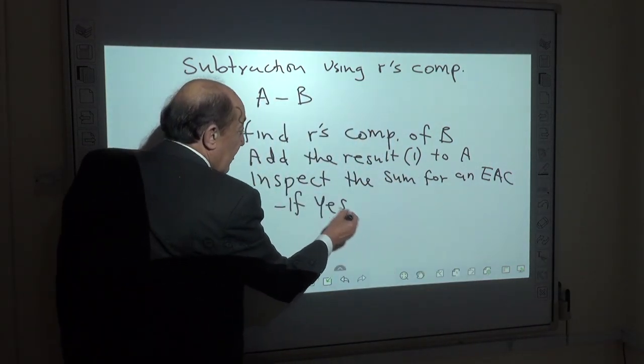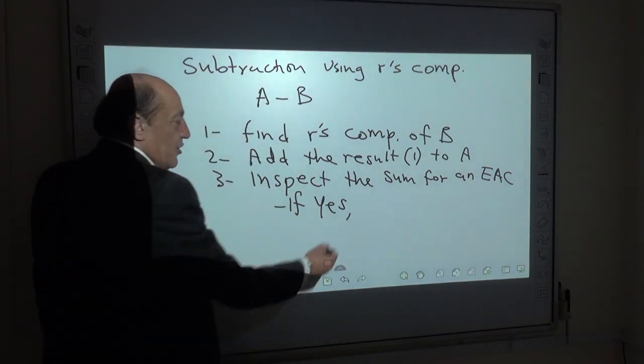Yes, there is an end-around carry, just ignore it.